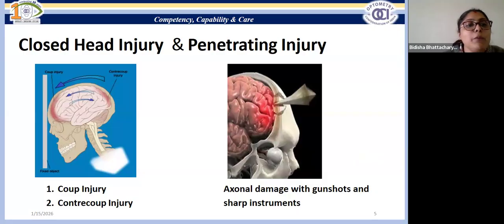That means penetrating head injuries result primarily from gunshots or sharp instruments, and that damages the axonal point. Conditions that constitute the second group under ABI result from internally based brain insults. So these are the two main classifications which come under traumatic brain injury.